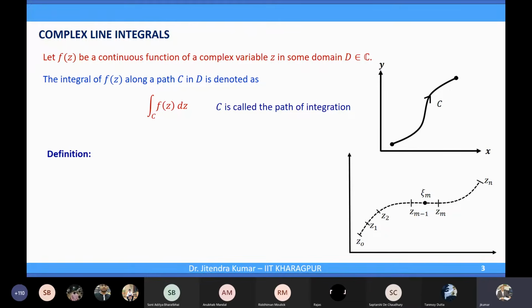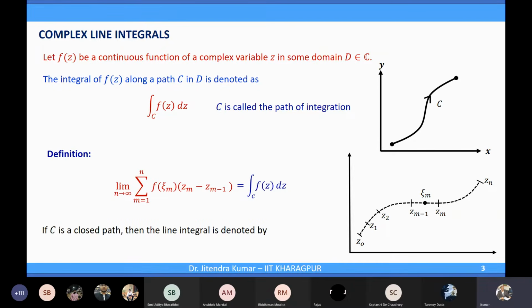So here this curve has to be divided into small sectors, small curves, and then this f(ξm) is the value within an interval, and then the difference zm minus zm minus 1, which will be just this line segment between the two. And if you take the limit of the summation, this is precisely the integral we are talking about.